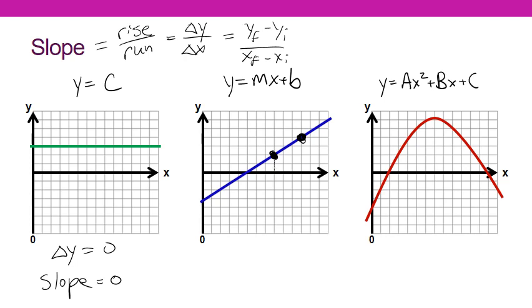We would find where the first point is on the x-axis, find where the second point is on the x-axis, and that would allow us to calculate delta x. Then we would find where the first point is on the y-axis, find where the second point is on the y-axis, and this would allow us to calculate delta y. And then the ratio of those two would be the slope.